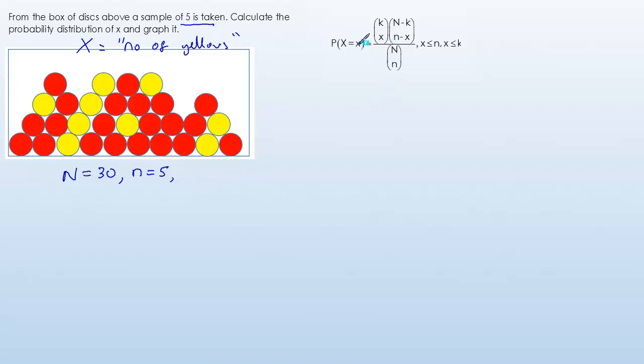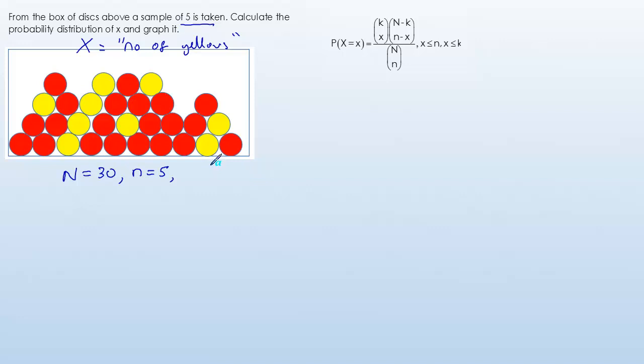X is just the variable, so we're looking at the different values it could take here. And if we're looking at the number of yellows that we can get when we take 5 balls, we could get anything from 0 to 5. So if we had 0 yellow balls, that means everything that we've picked is red, or we could get up to 5 yellows.